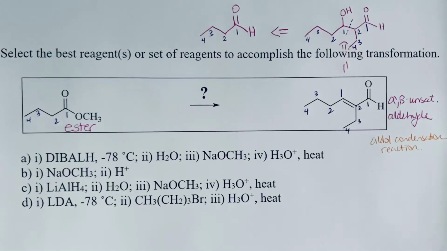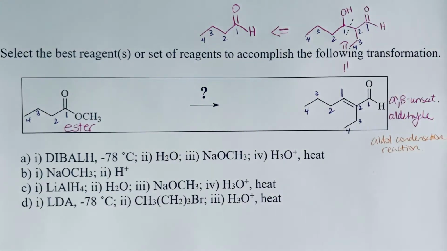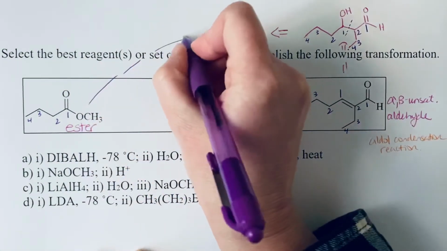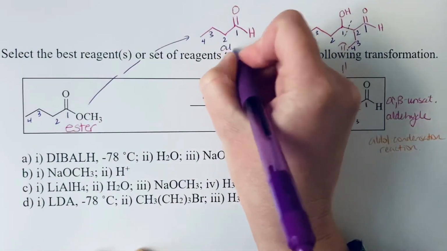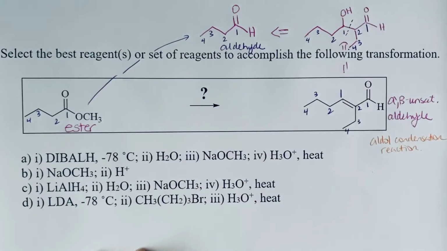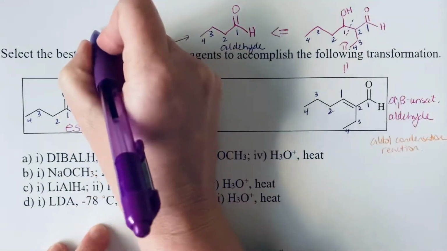And so we can start thinking about how we can connect this aldehyde back to the ester. So hopefully you remember that an ester can be reduced and it can be selectively reduced to give you the aldehyde. So you need the right reagent to go from the ester to the aldehyde. And so the reducing agent we saw that was selective to do that was DIBAL.